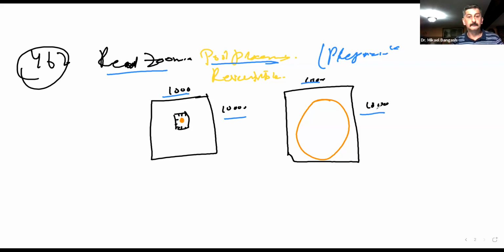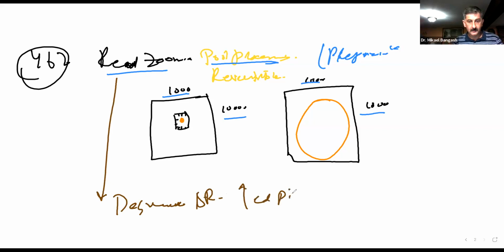Did that make sense? What mainly happens here is that in the read zoomed image there will be a degraded spatial resolution, mainly because of the increased pixel size of the object in your region of interest.